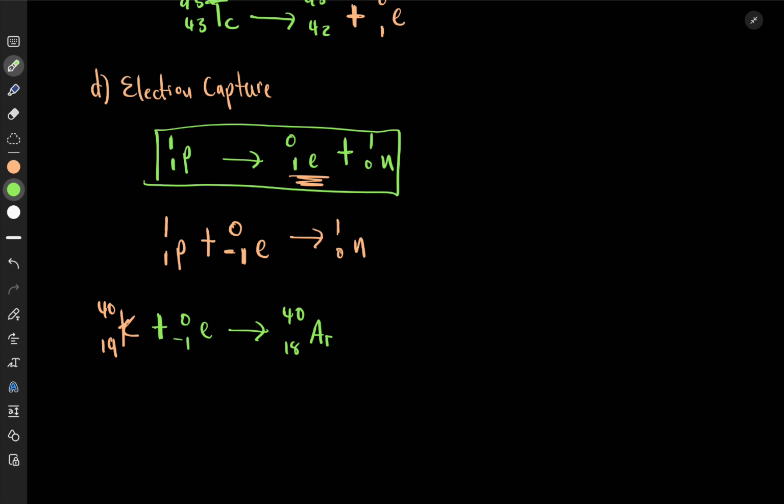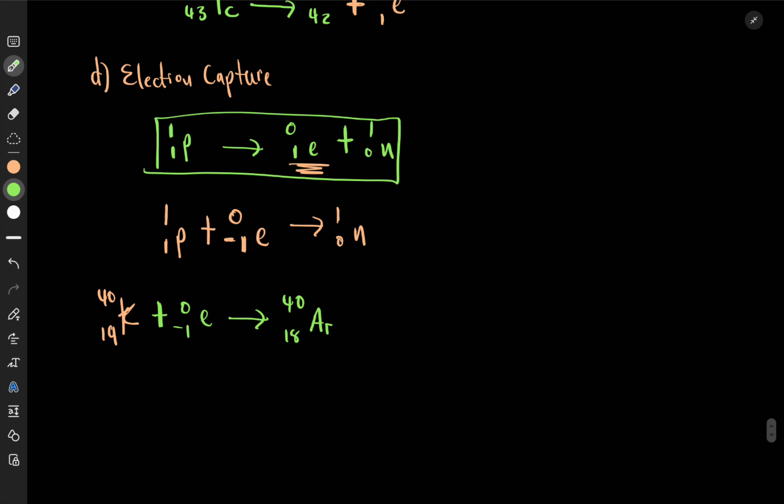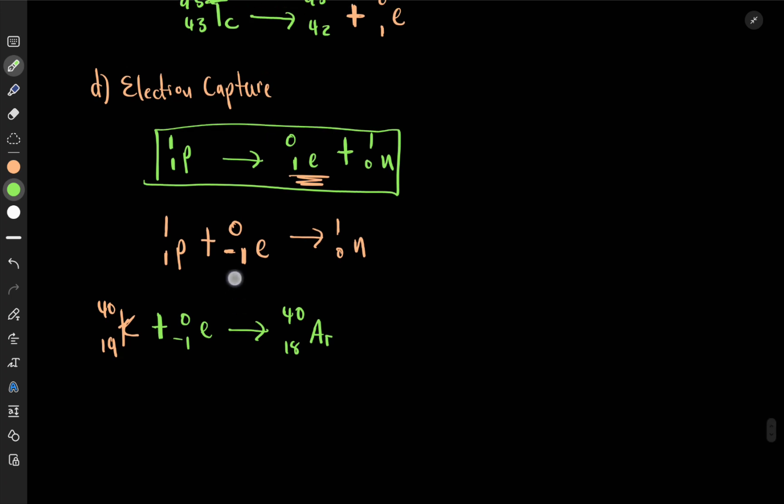So this is what happens in electron capture. We have something that is excited, something that is unstable. The unstable nucleus will capture an electron, and when it does, it is converted into a more stable state.